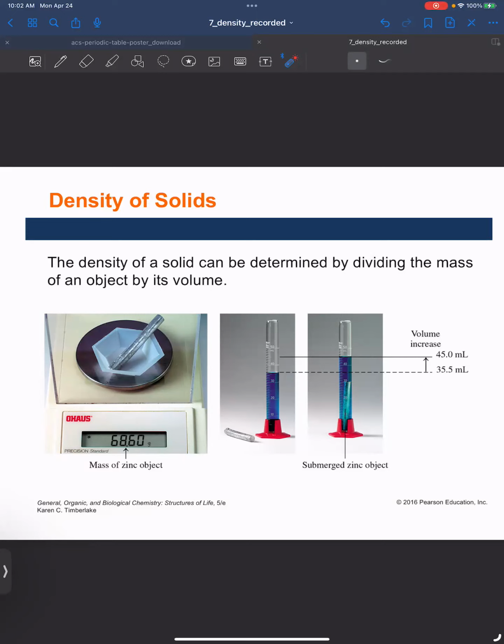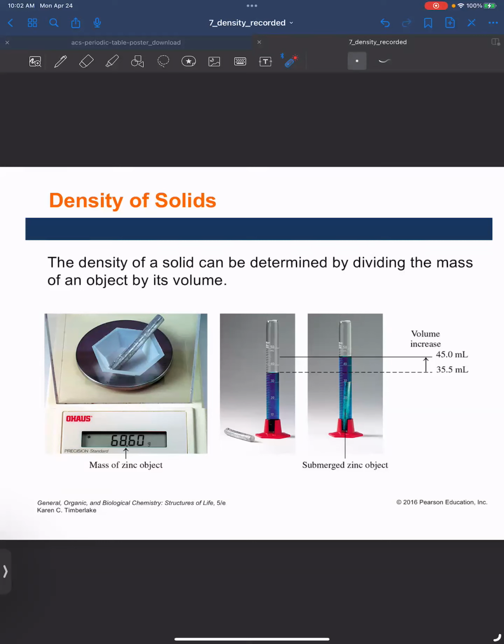Here you can see that first we took this metal object and weighed it on our mass balance, and then we had a graduated cylinder filled with an initial volume of water of 35.5 milliliters. Then we added the metal object into it, and you can see that the water level rises.